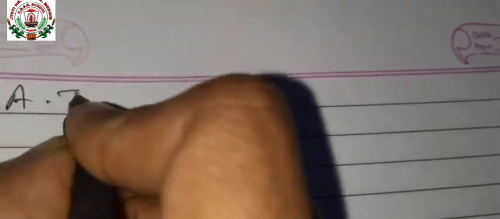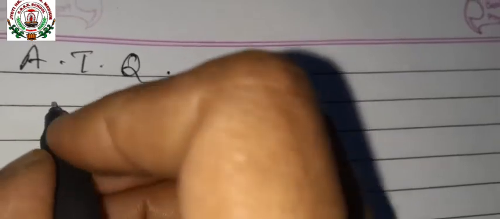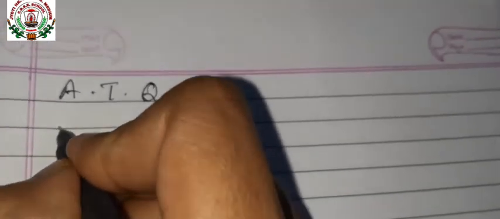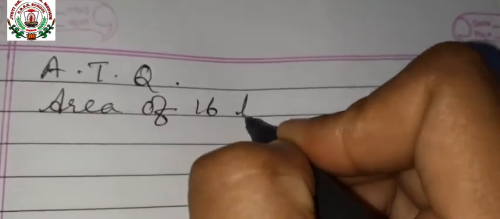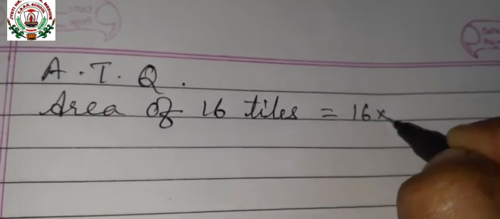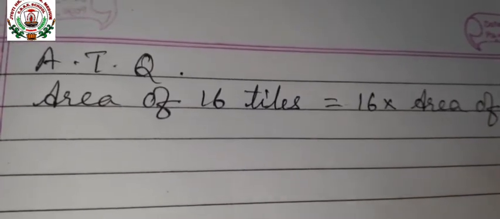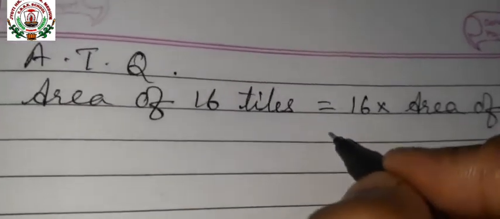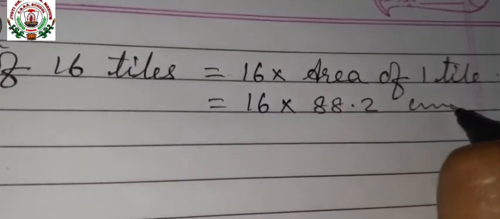Now how many tiles are there according to the question? According to the question, there are 16 tiles. So area of 16 tiles equals 16 into area of one tile, that is 16 into 88.2 cm square.